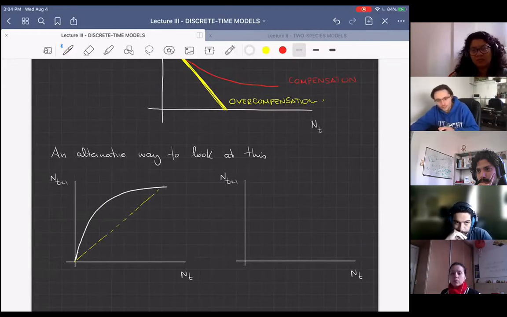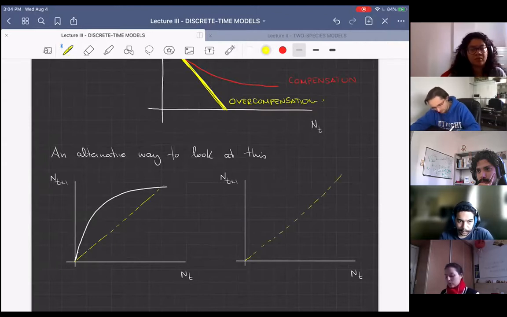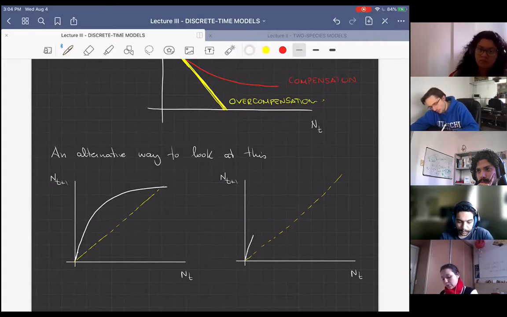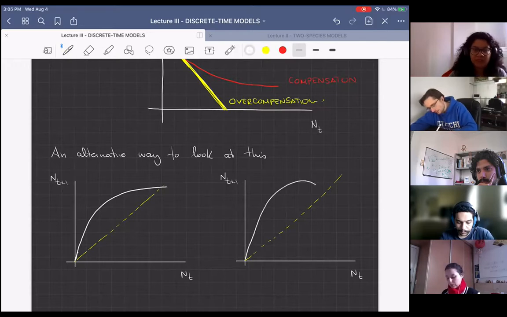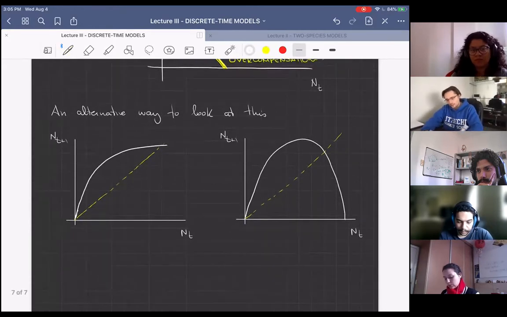For overcompensation, what we are going to have is an even more extreme way of autoregulation that is going to make this growth rate increase, reach a maximum, and then eventually go to zero. So in one case, this is compensation, and this is overcompensation.